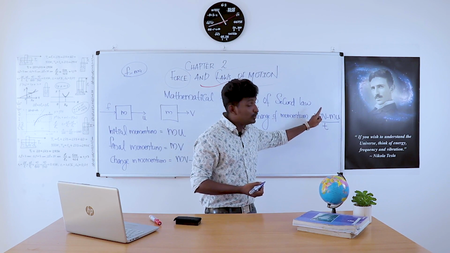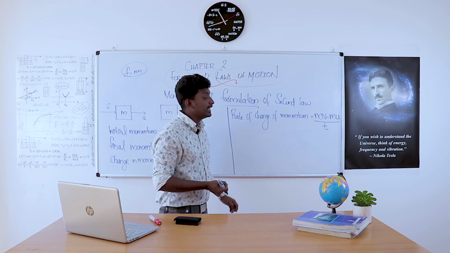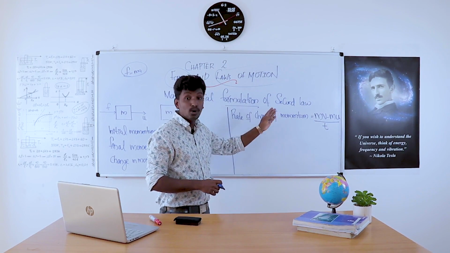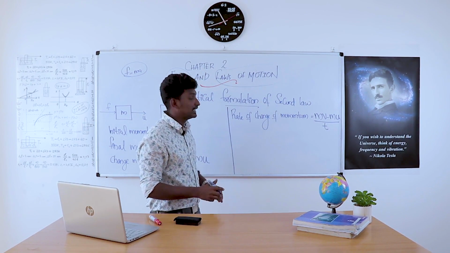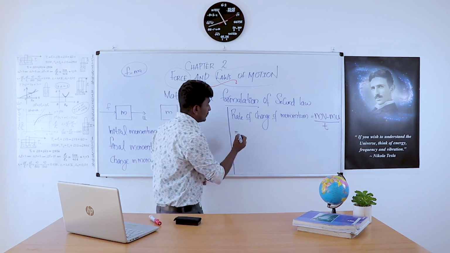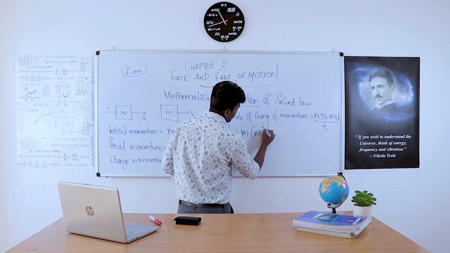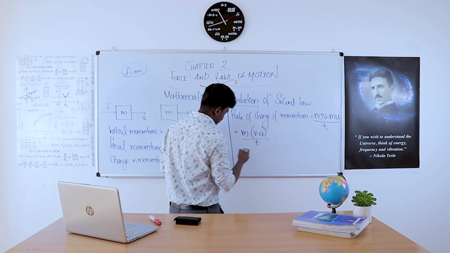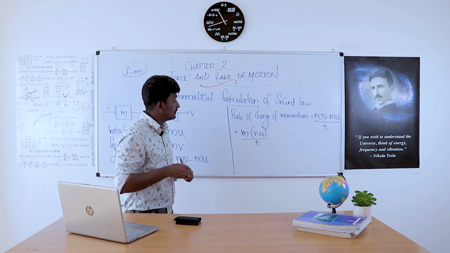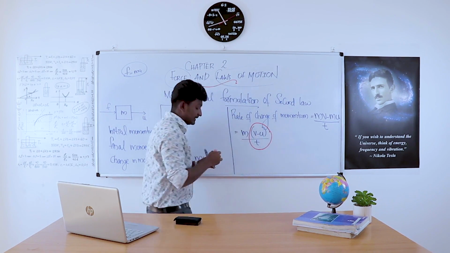Look, in the numerator, we have mass as a common term in mv minus mu. In both terms, we have mass as a common term. Therefore, I am taking mass m as common, then the remaining is v minus u divided by t. Now look, you are familiar with this v minus u by t.